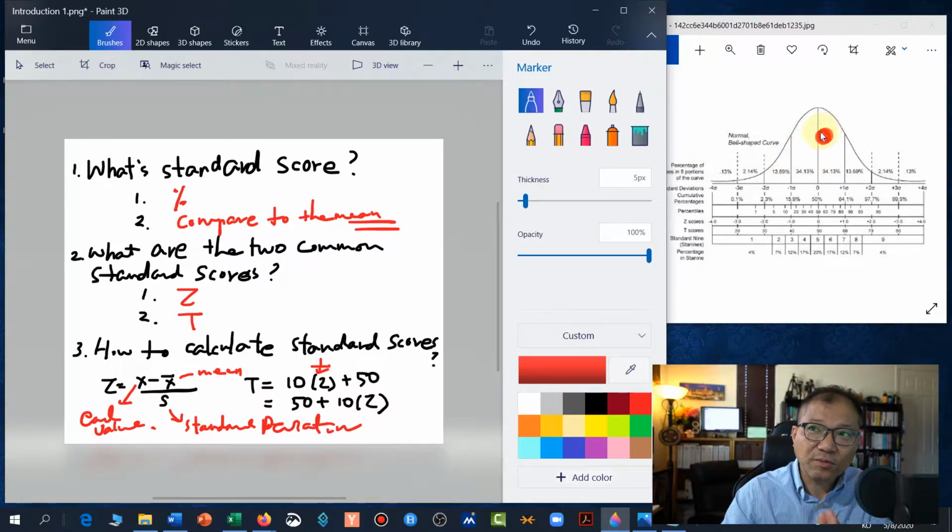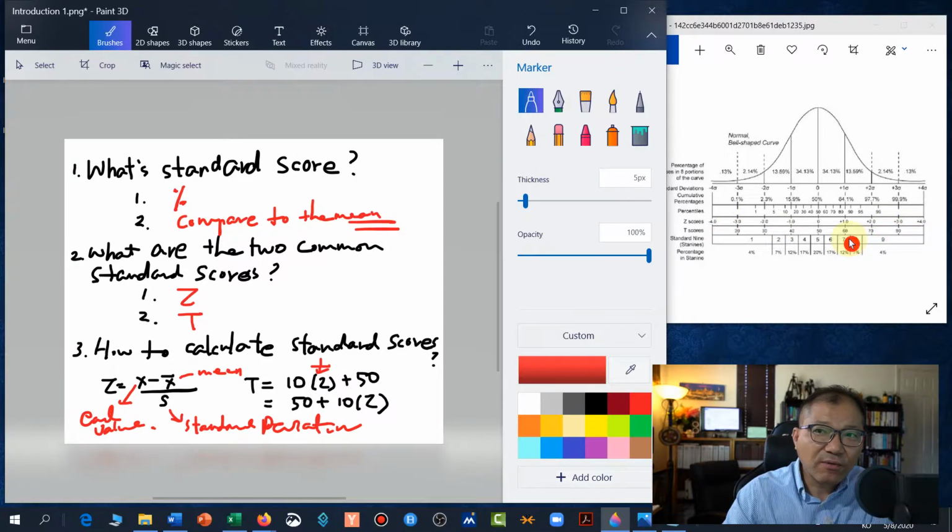Then your score will be located on the left side of this normal distribution, or bell-shaped curve, right? So once you calculate your score into a z-score, which is one of two common standardized scores, you will have your z-score right here. Z-score typically ranges from -3 to +3.